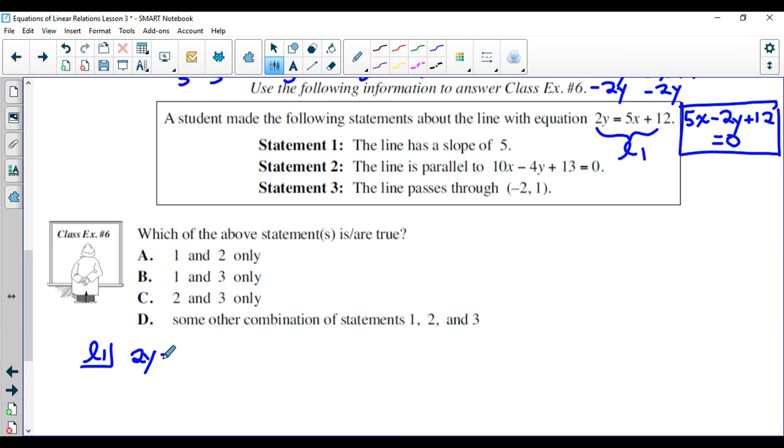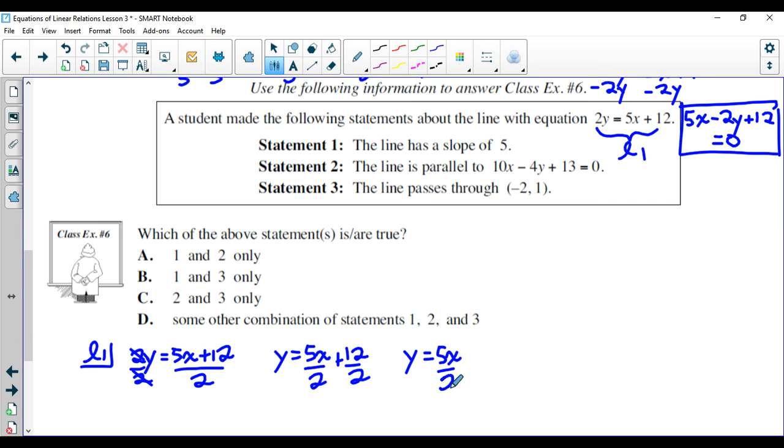Okay, so for line 1, start off with 2y is equal to 5x plus 12. And then to get y by itself, divide by 2, cancel off those 2's, and you'd have y would be equal to 5x over 2 plus 12 over 2. Those are my two fractions.